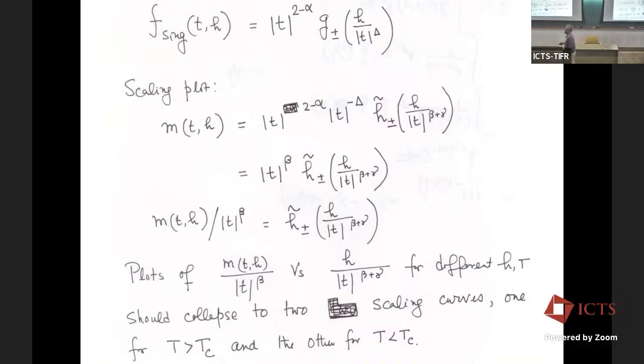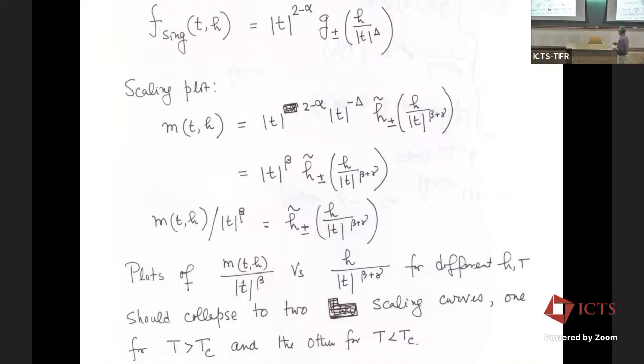So this is a way of determining the values of the exponents. If you're dealing with some unknown system, you do these measurements, just isotherms, particular magnetic field, you measure at many different temperatures which go through the critical point, change the magnetic field, do the same measurement. So you'll have many, many curves. But scaling theory tells you that if I look at this ratio versus that ratio with appropriate choice of beta and gamma, then all these curves will collapse onto a master curve.